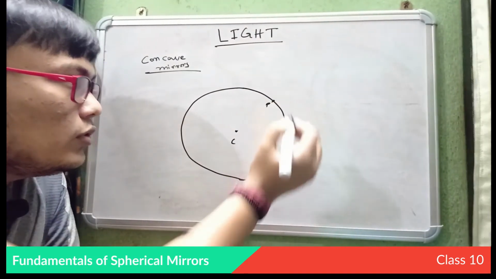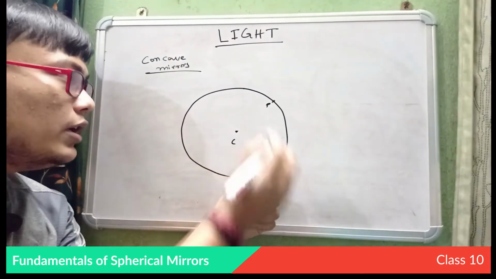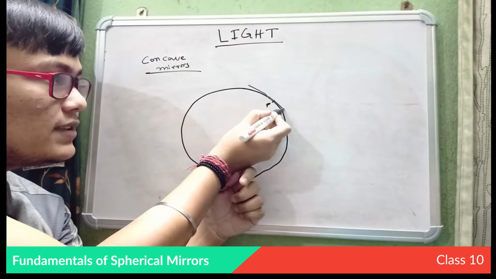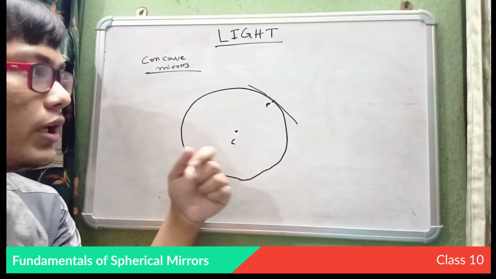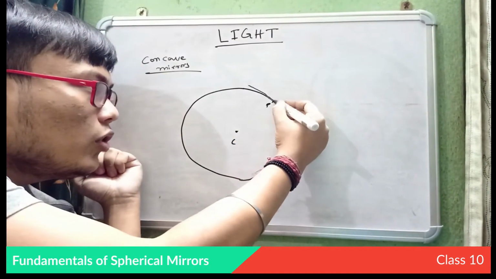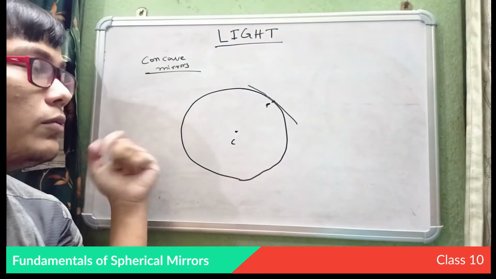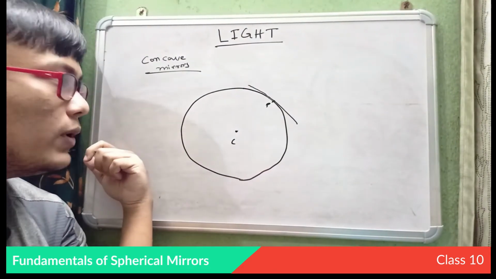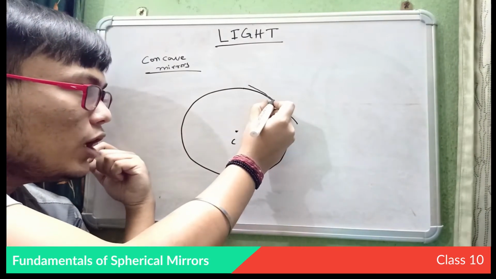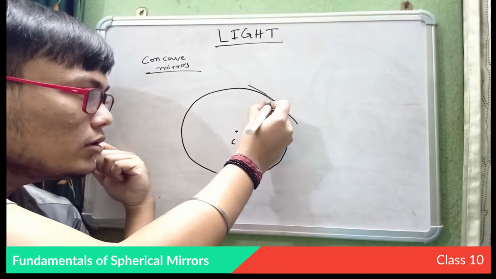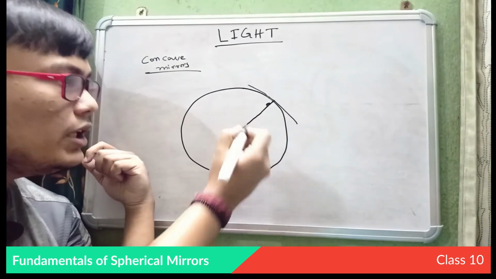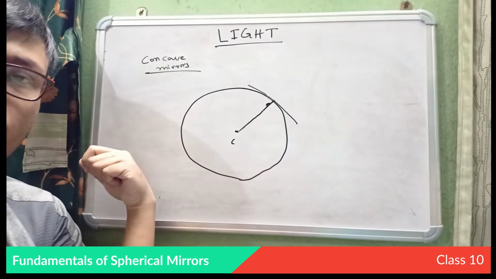Okay, so let's say this is the point P. A tangent is a line which grazes a point. So this is the tangent. We have drawn the tangent. Now considering this tangent, we have to draw the normal. So if I draw the normal now, considering this tangent, it will meet at the center of curvature.